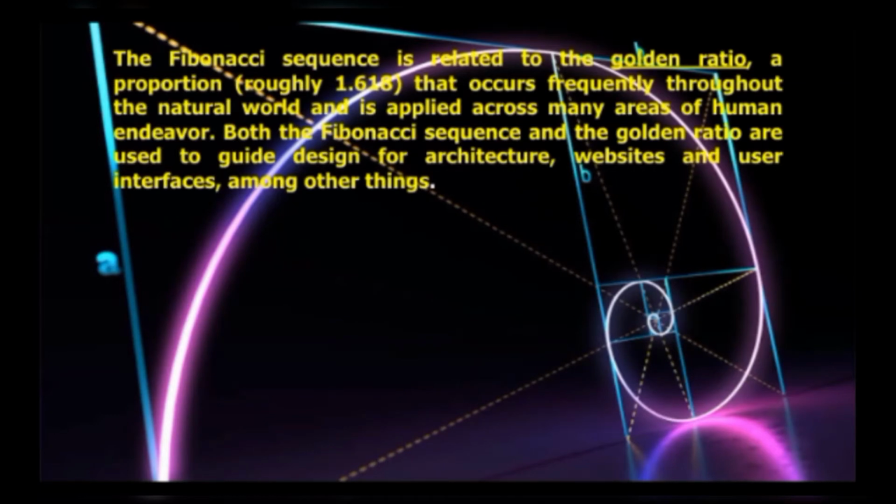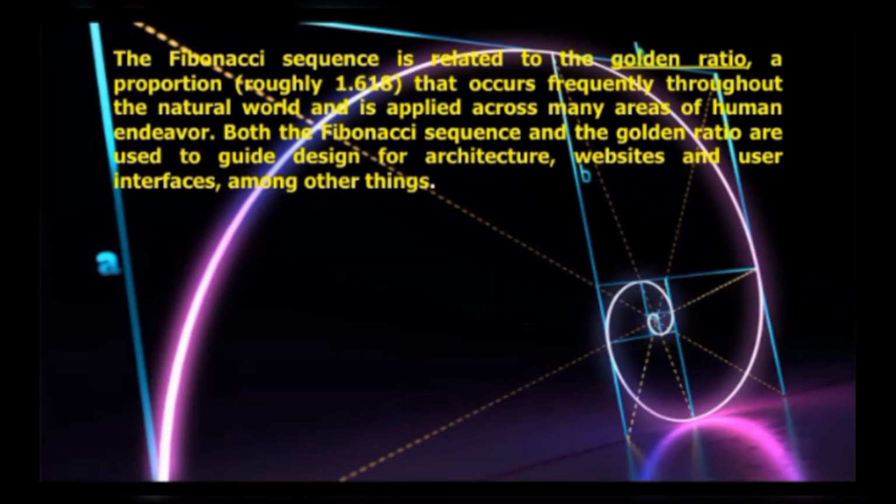The Fibonacci sequence is related to the golden ratio, a proportion roughly 1.618 that occurs frequently throughout the natural world and is applied across many areas of human endeavor.